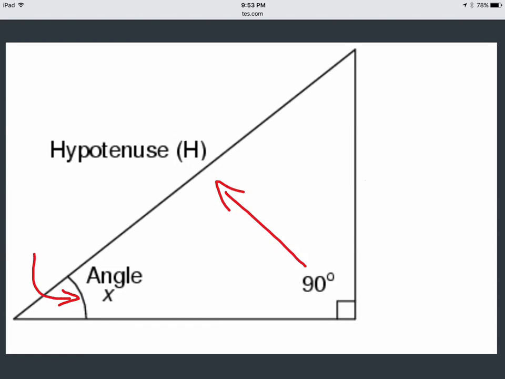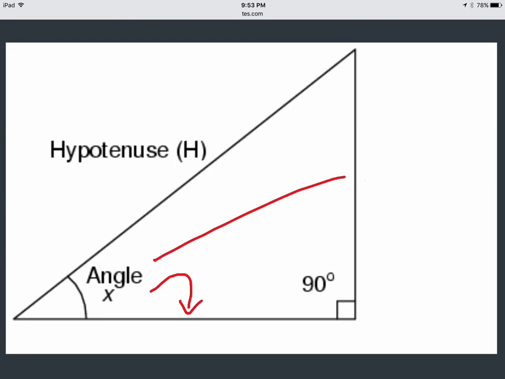Now, when you're looking at this triangle, there's a side that is right next to the angle, and another side that is opposite the angle.